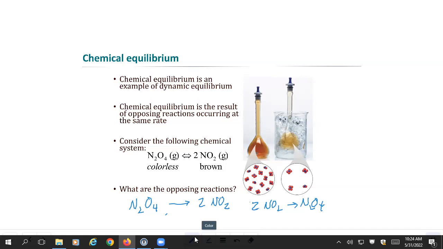I wouldn't be going, oh, I can see that the brown gas is turning colorless right now, or that the colorless gas is turning brown. It wouldn't appear that way, because if it's at a dynamic equilibrium state, it doesn't show off. It looks the same always, unless we introduce some kind of factor that's going to change it.